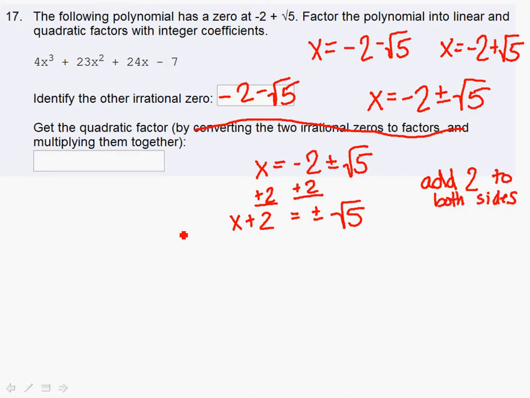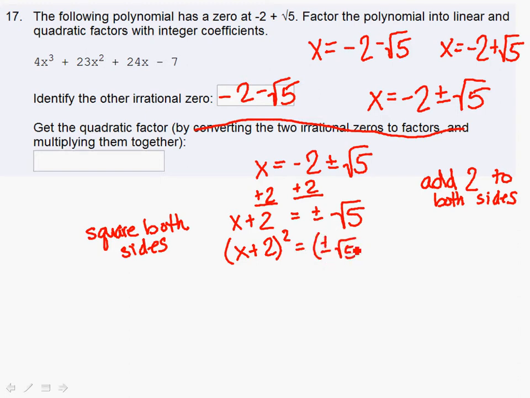Then I'm going to square both sides. So this becomes x plus 2 squared, and this squared will give us 5.